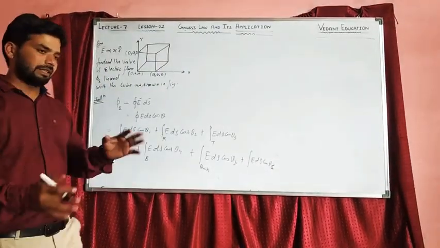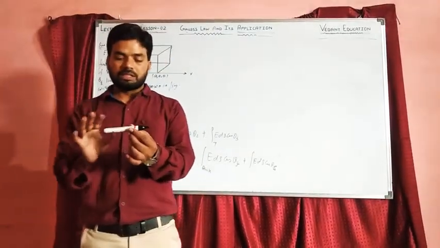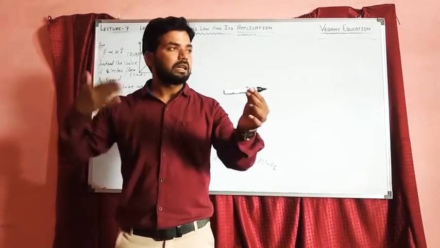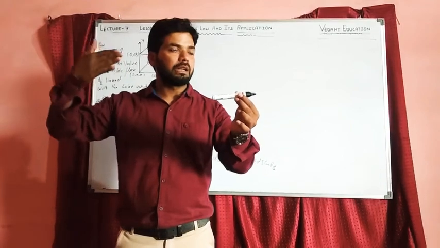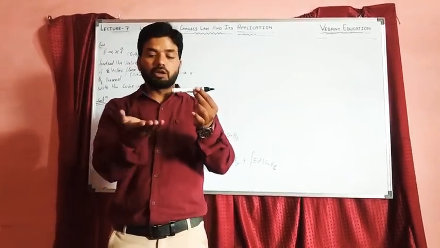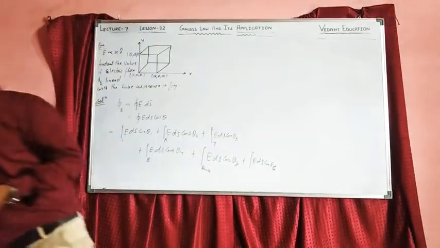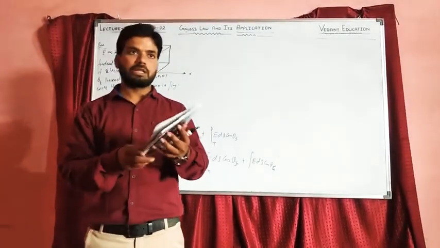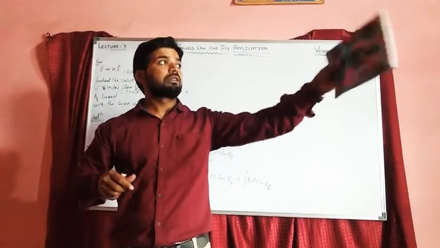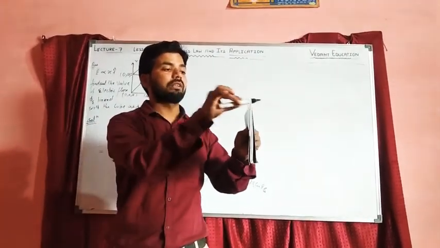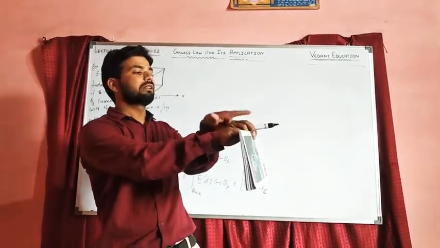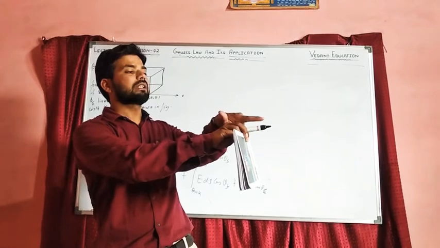Clear? Let's understand. The direction of the electric field is along the positive x-axis, that is, I cap. The area vector is always drawn perpendicular to the surface area. For the right hand side face, the direction of the electric field vector is this, and the direction of the area vector is also this.